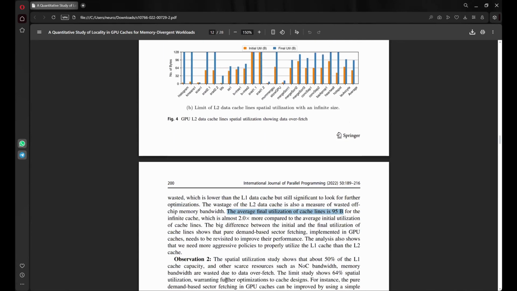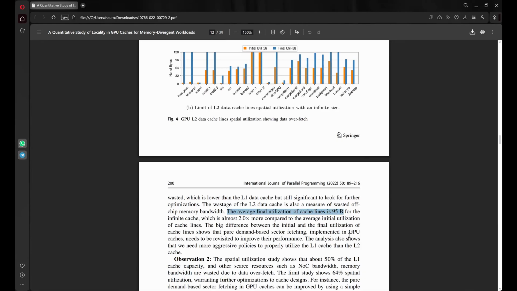What overall they find out is that pure sector based fetching works, but only to an extent, and a huge bottleneck in increasing spatial utilization, especially in L1 cache, is the cache size itself.